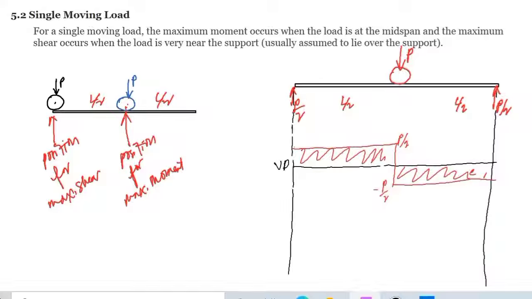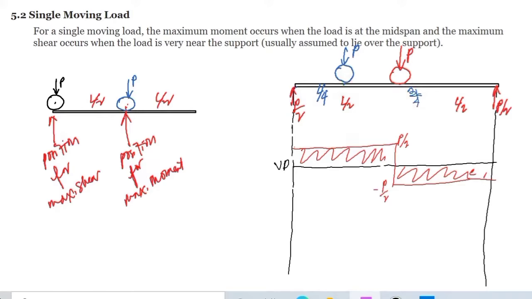Now, if we are going to move our load over here, let's say at a distance of L over 4, now it would change the value of the shear, and now if this is L over 4, then the other side has a distance of 3L over 4.